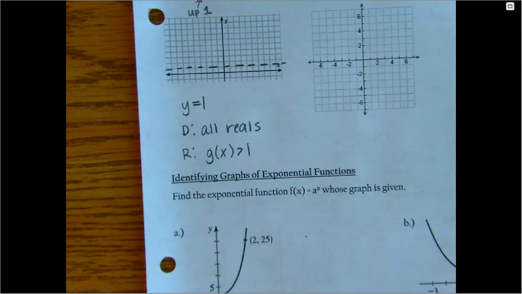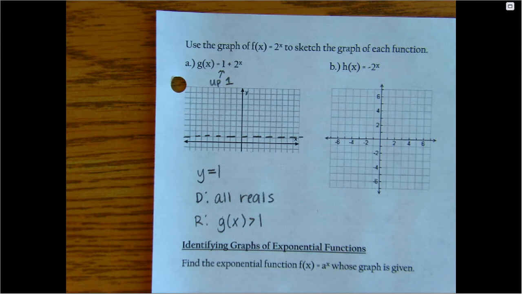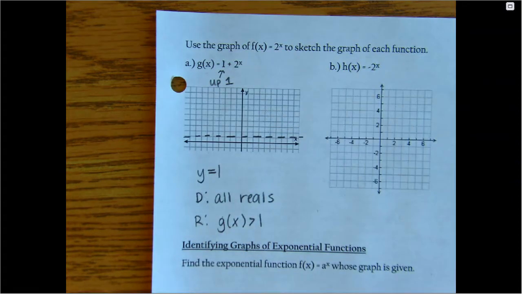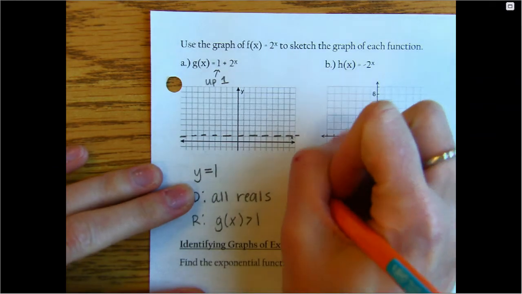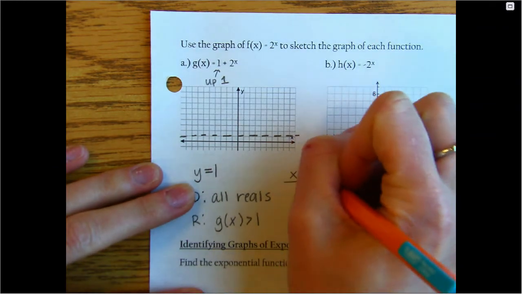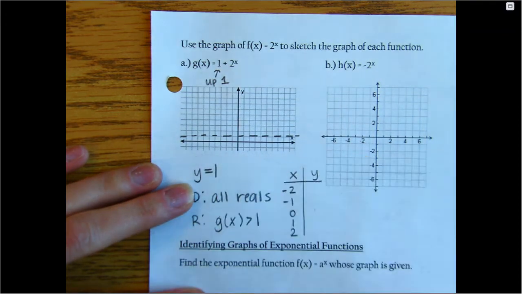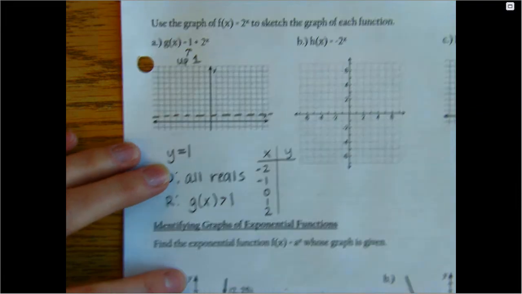If you have to make a table of values for these, then make a table of values. If you want to graph the parent function and then just shift all your points up one, that works too. So if I just want to make a quick table, I'm just going to go from -2 to 2 since I don't have a lot of space here.